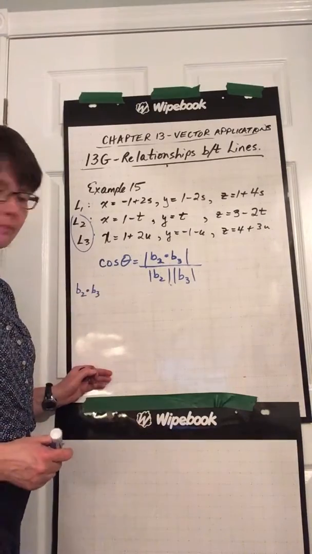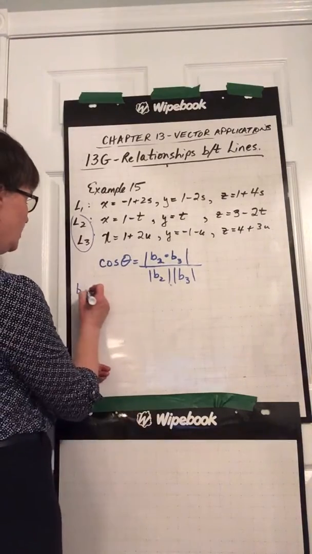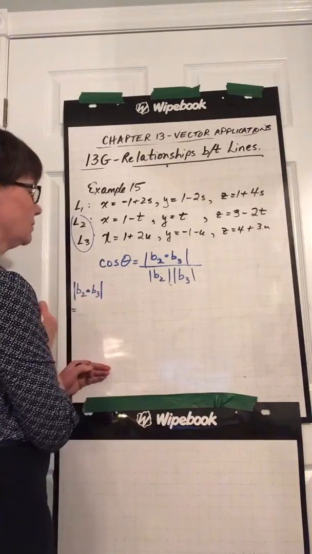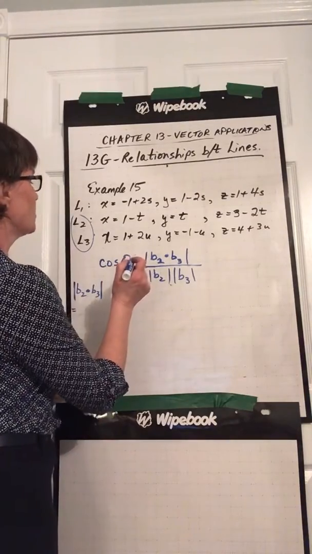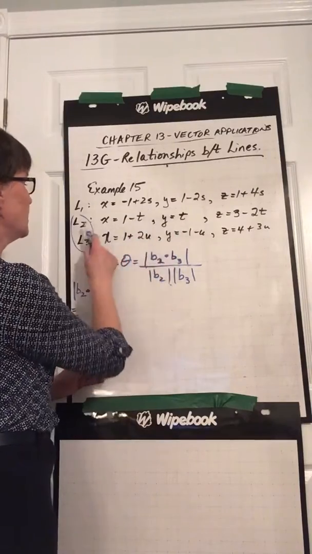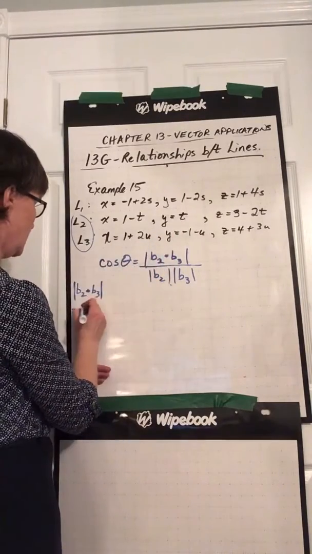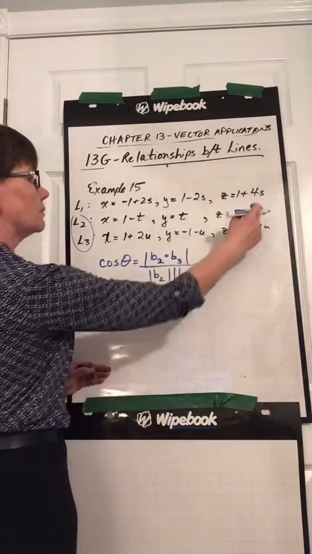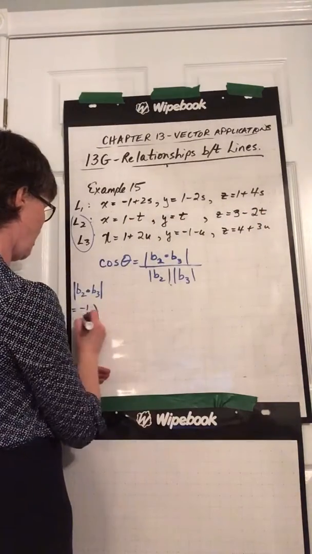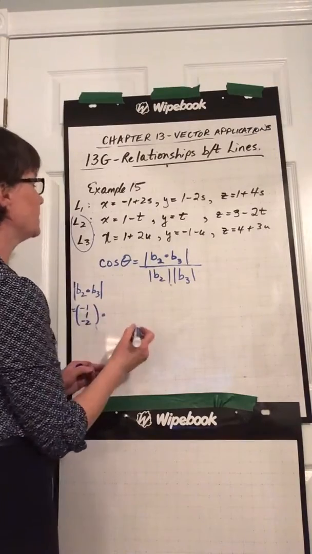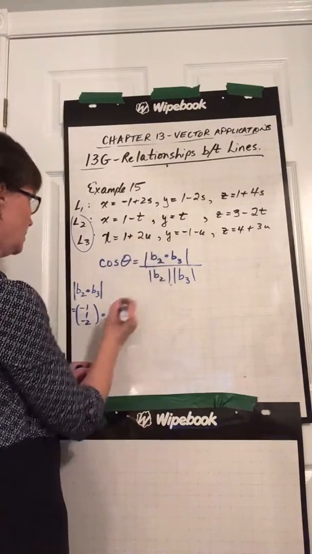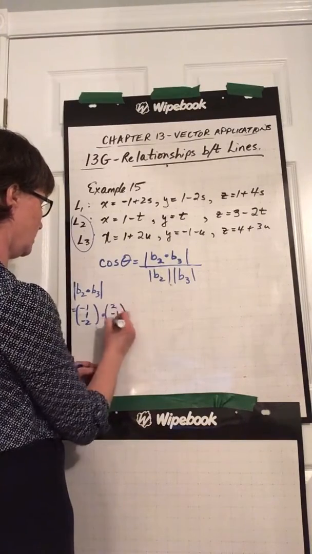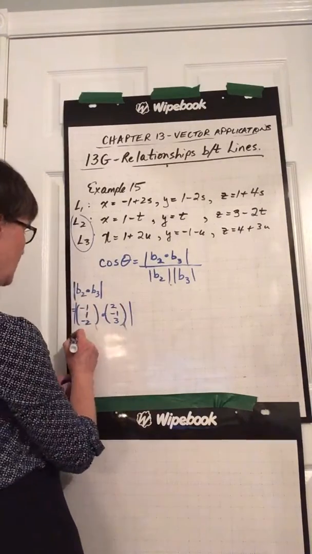Direction vector for line 2 is -1, 1, -2. I'm dotting that with the direction vector from line 3, 2, -1, 3. And I'm going to find the absolute value of that.